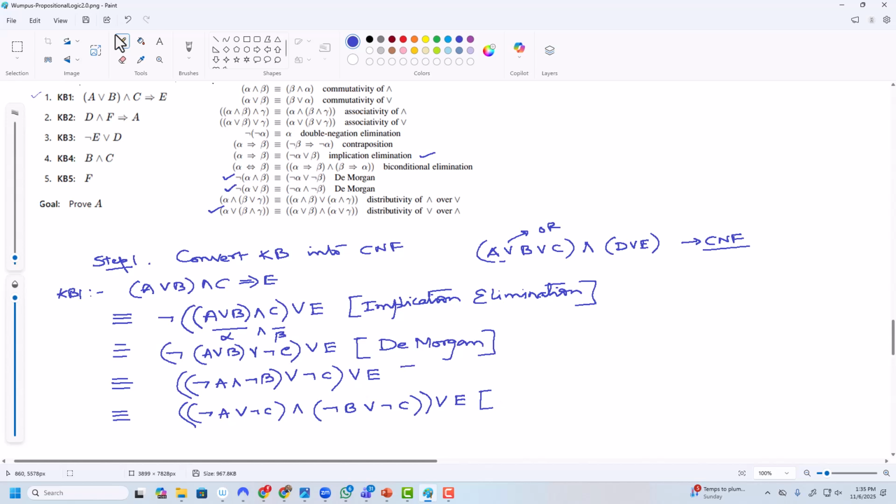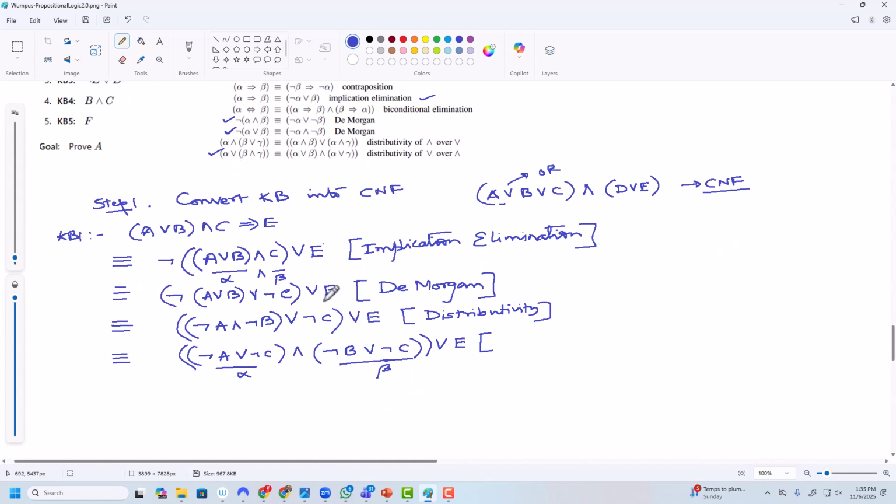So we applied distributivity. Okay, so now we can apply distributivity once again. So now this is alpha, and the entire thing is beta, right? So this is alpha and beta, or so this is basically the same rule we are applying.